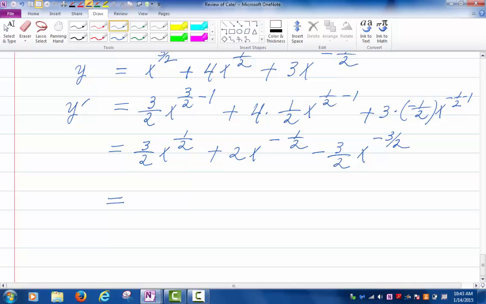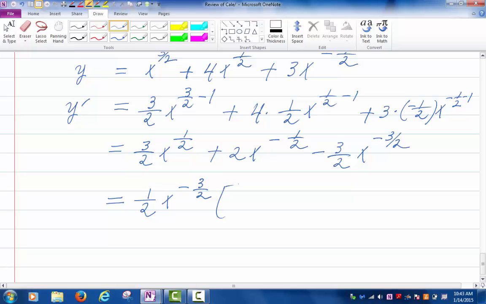Here, what I'm going to do is factor out a half. We have taken the derivative. I'm just trying to show you simplification to get rid of negative exponents. So I'm going to factor out a half, and I'm also going to factor out x to the negative 3 half. This is one way of simplifying. There are other ways too.